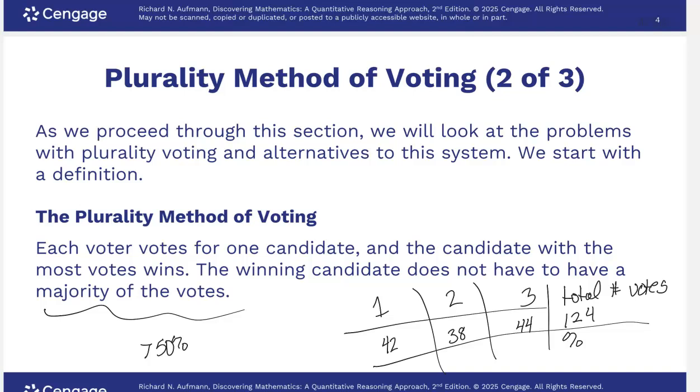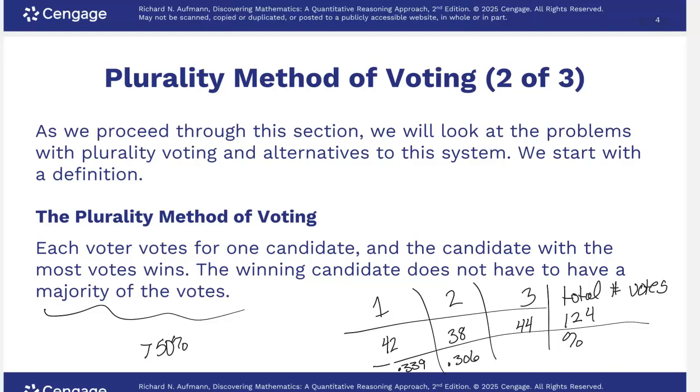So if I were to look at the percentages, 42 divided by 124. I'm going to erase that. 42 divided by 124 is 0.339, so 33.9%. If I take 38 and divide it by 124, I'm going to get 0.306, so about 30%.